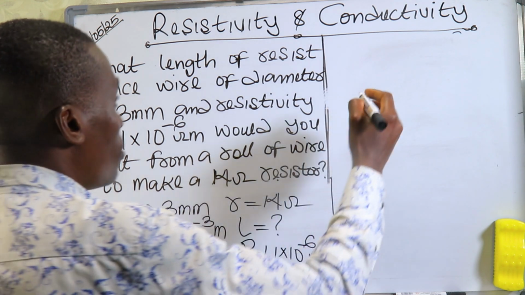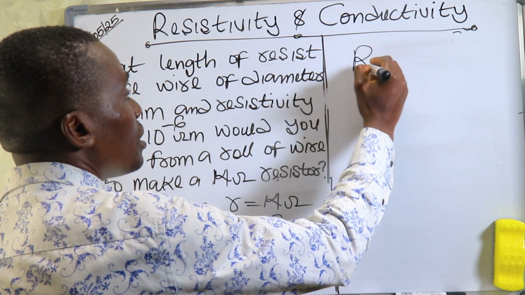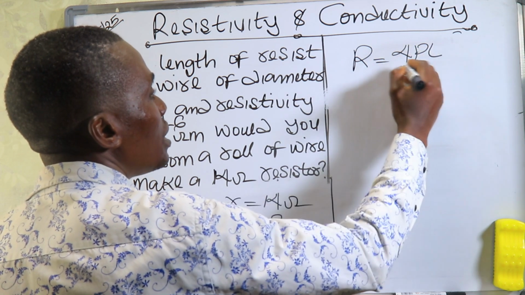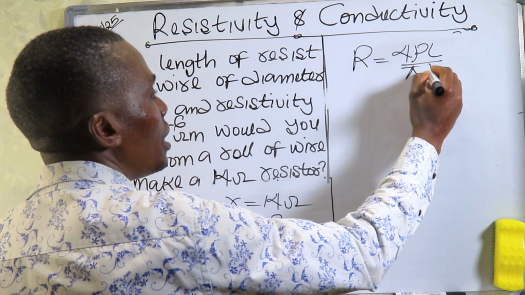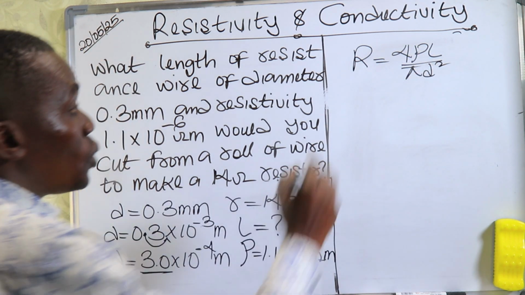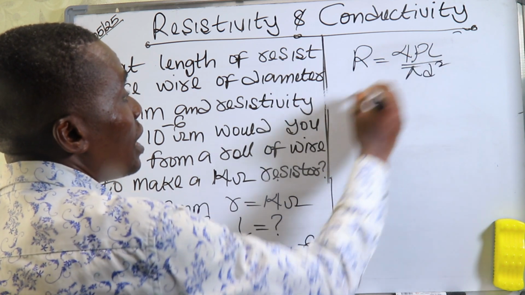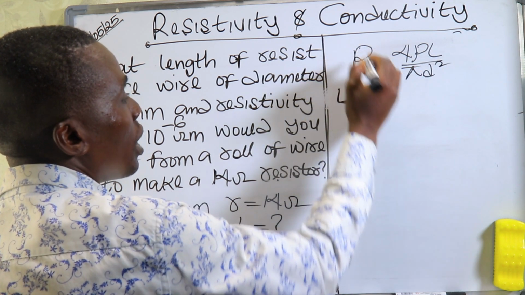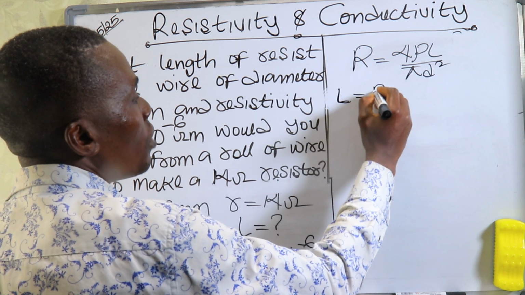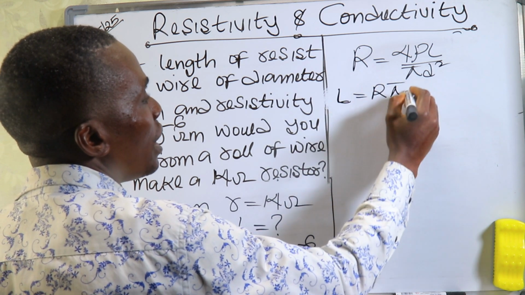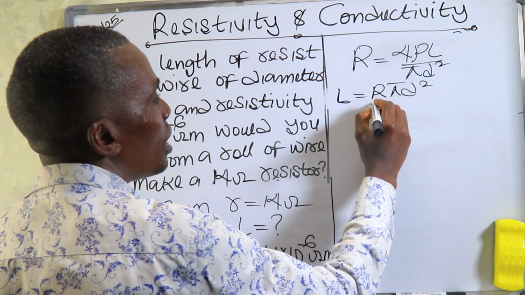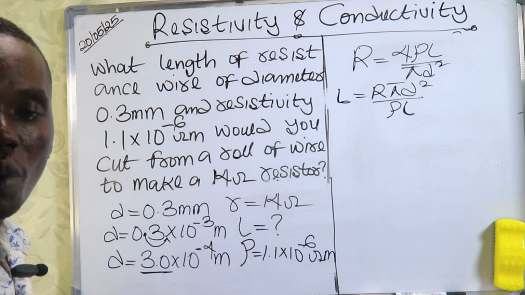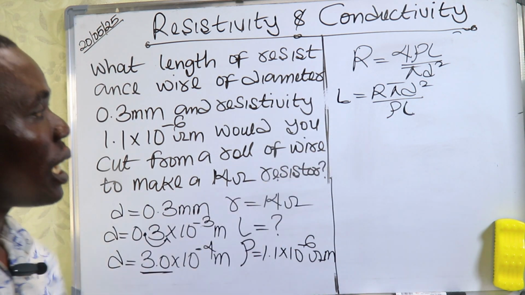If we apply the formula, we get our resistance equal to 4 rho length divided by pi d square. So our length will be equal to R times pi d square divided by 4 rho. Let us put all our parameters here.